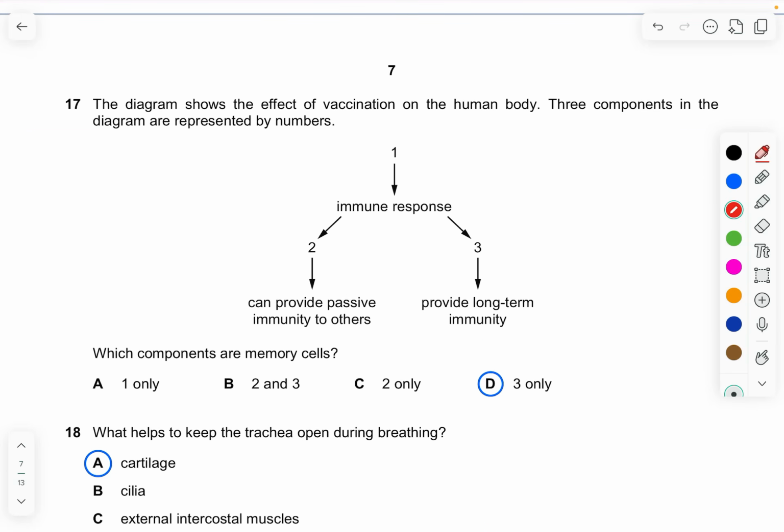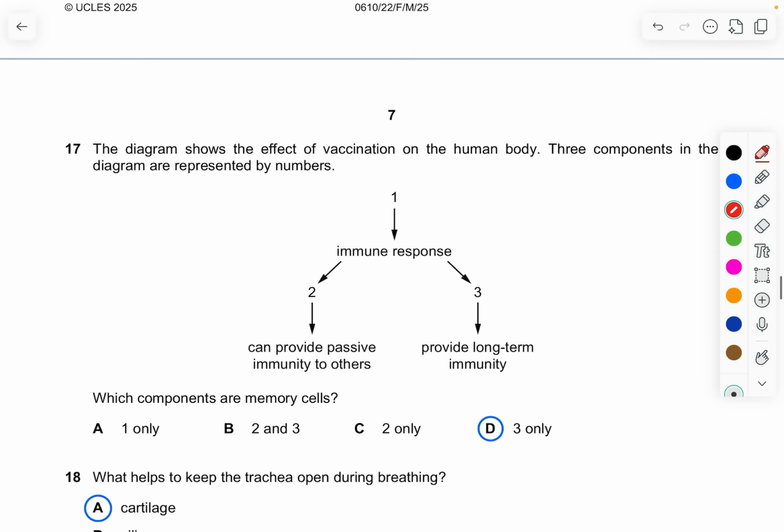Question 17. The diagram shows the effect of vaccination on the human body. Three components in the diagram are represented by numbers. Number 1 is where the immune response occurs, and they can provide passive immunity. Another one provides long-term immunity. So what would be the correct answer? Which component is the memory cells? Memory cells are generally found in active immunity.